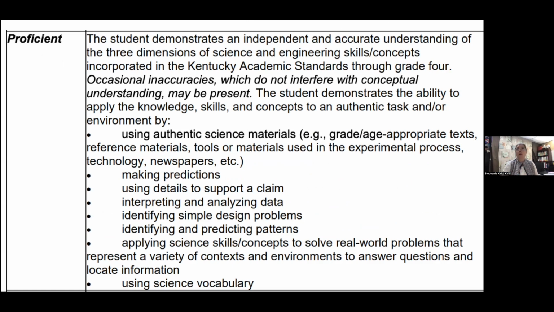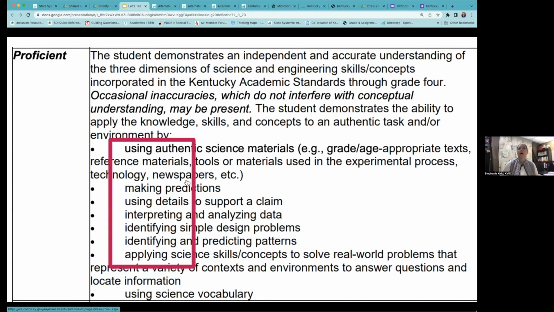And so when I'm doing this, I'm going to be looking at these. Look at these verbs right now and tell me what you know about these type of words. I want to be using authentic science materials. Again, this has to be grade level, age appropriate text. Has to be reference materials that are on grade level. It needs to be tools and materials that they're going to use. They're going to be making predictions.